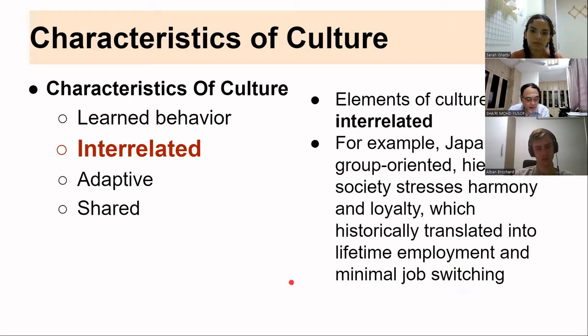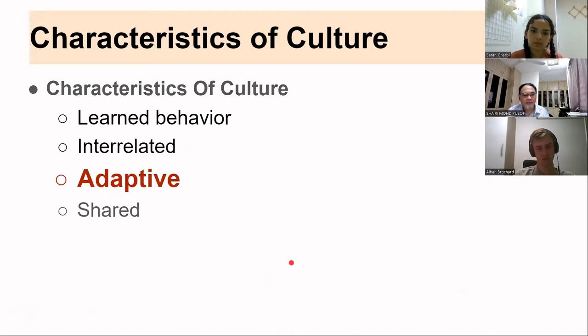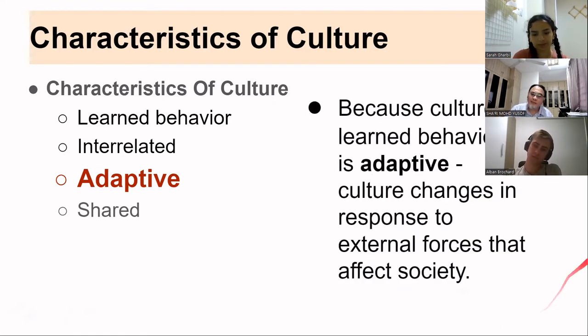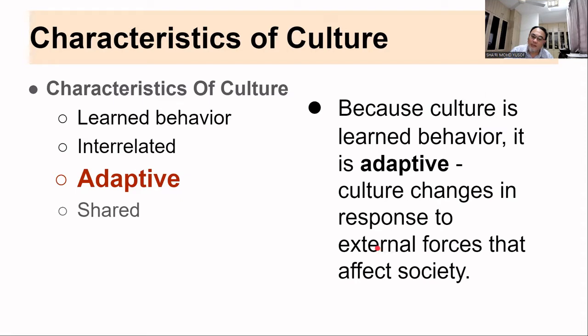Another thing that you must understand is that it is adaptive. So what do you mean by adaptive? Because it is a learned behavior. Culture is a learned behavior. So it is adaptive, and adaptive means it changes in response to external forces that affect society.